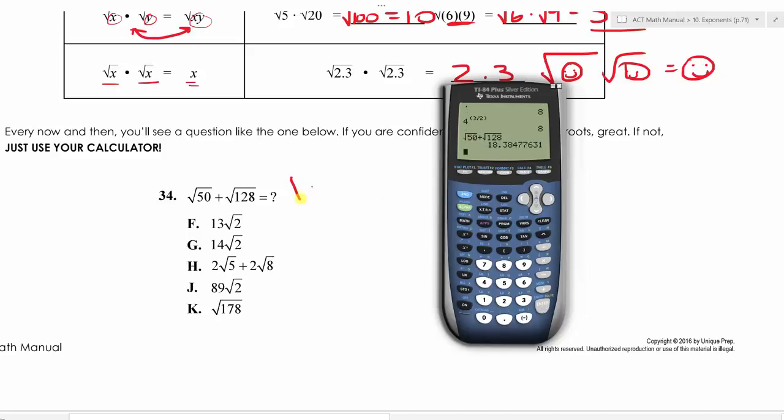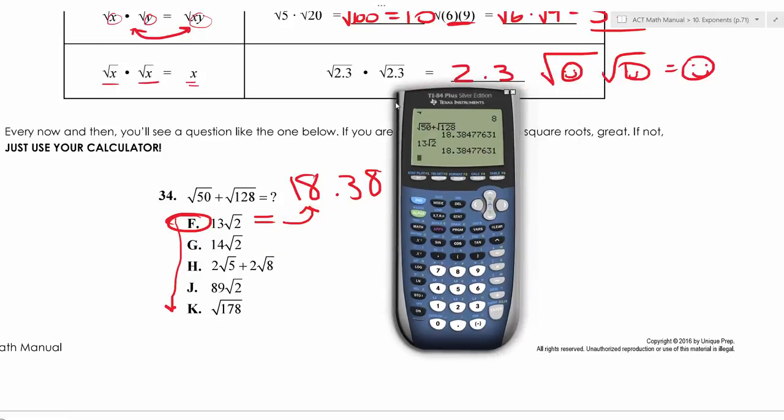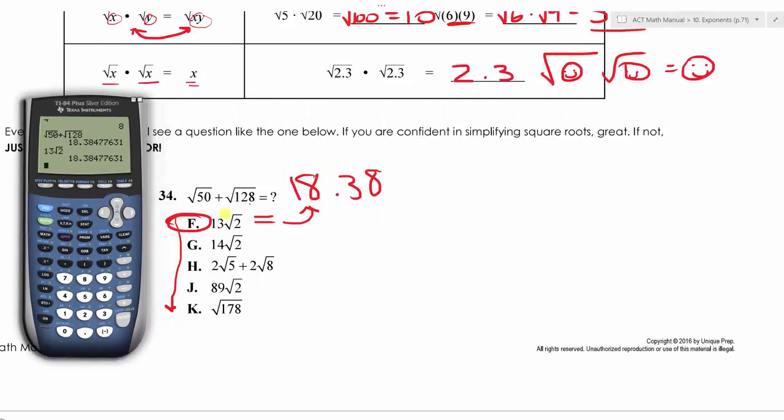You get 18.38, and then you would just go to the answer choices and do the calculations in your calculator, and you will find that answer choice, I can't even remember what it is. Let's see, 13 times root 2. Oh, that worked out well. The answer is F. So this answer choice equals that 18.38. So you can just use your calculator on a question like this.